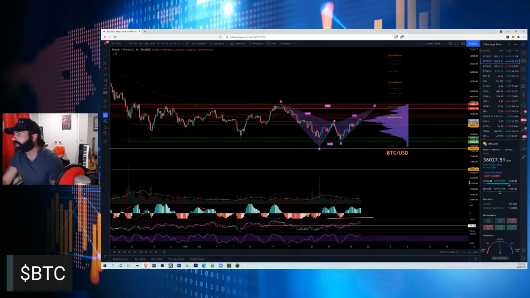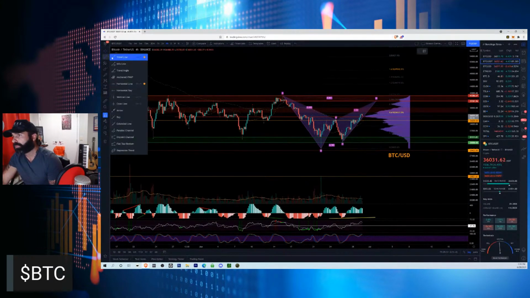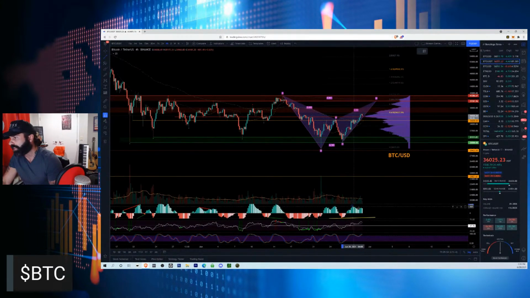But at the moment on the 4-hour chart, it does look like we are starting to come down a little bit. These oscillators are a little overextended. You've got bearish divergence on the MACD. You still got room to move on the 4-hour on the RSI.